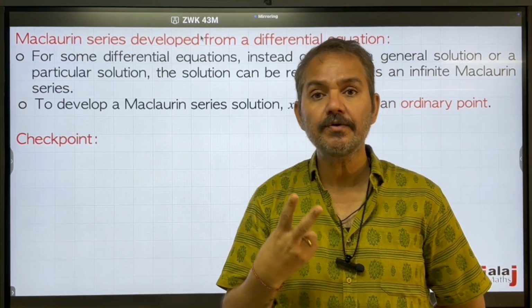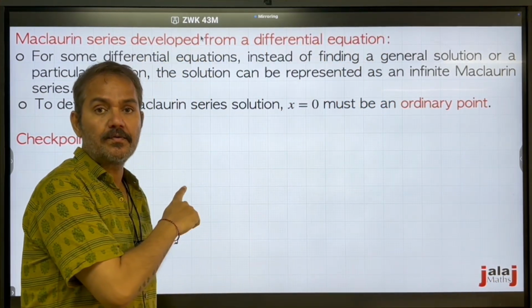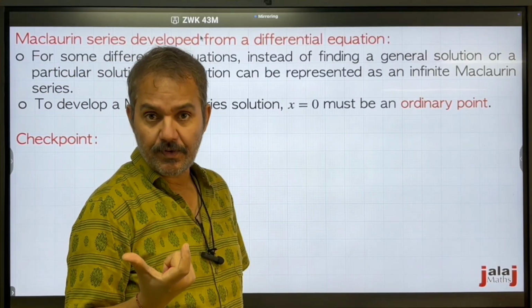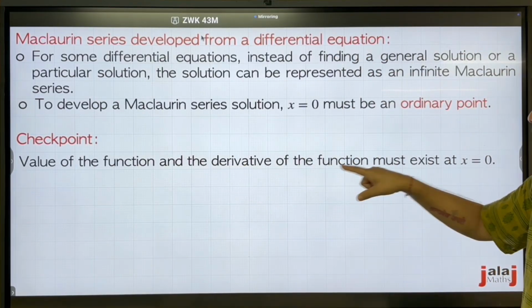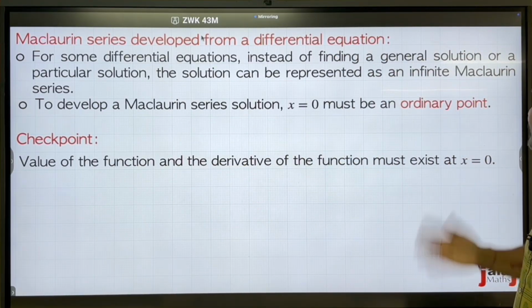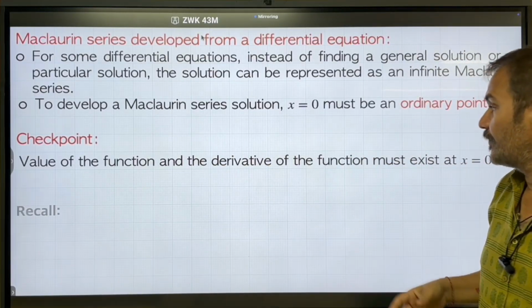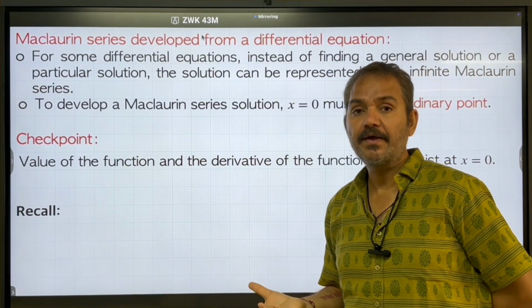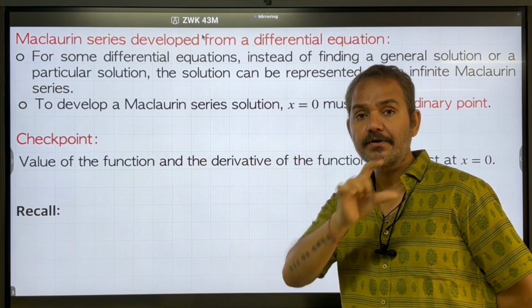If these two conditions are met, we can express the differential equation as a Maclaurin series. So the checkpoint is that the value of the function and the derivative of the function must exist at x is equal to 0. If these conditions are met, we can express a solution of a differential equation as a Maclaurin series.